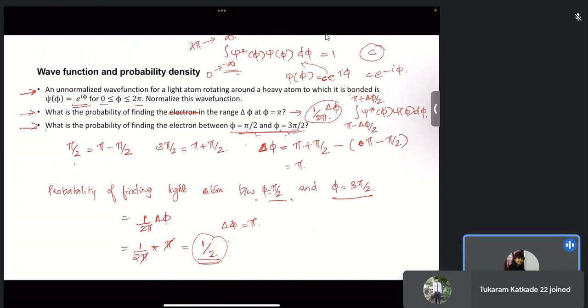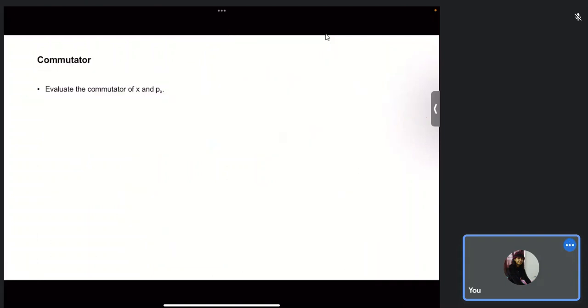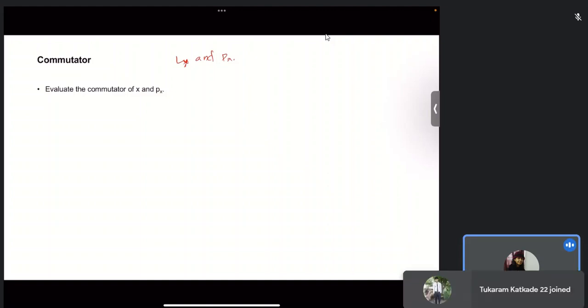So there is a problem in the problem set assignment, due today, to find the commutator of Lx and Px, if I remember correct, or Ly and Px. This is something which will help you find how a commutator is calculated.